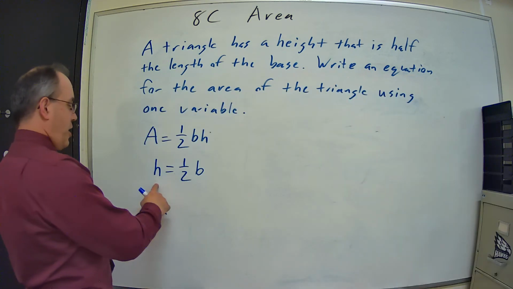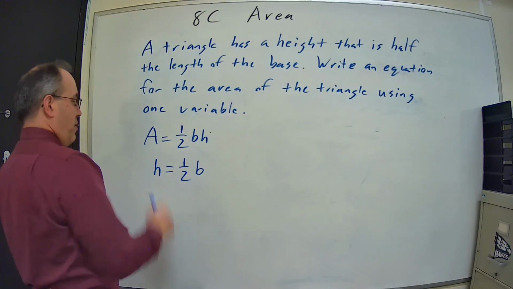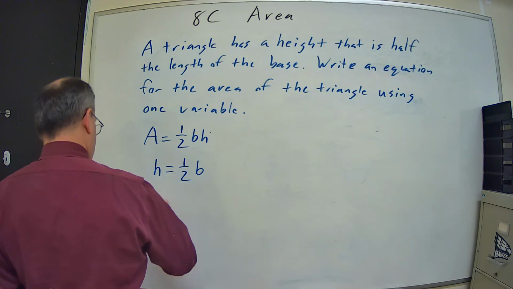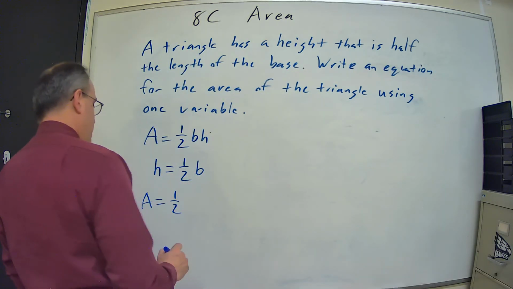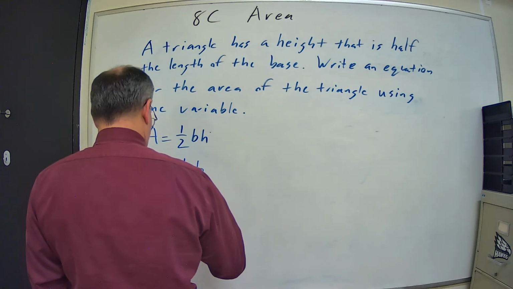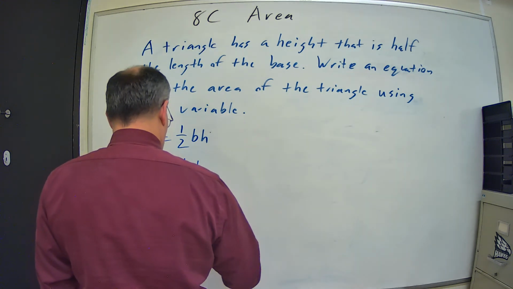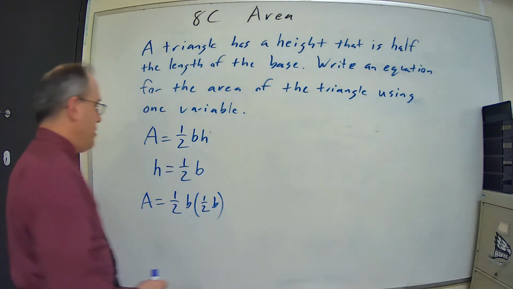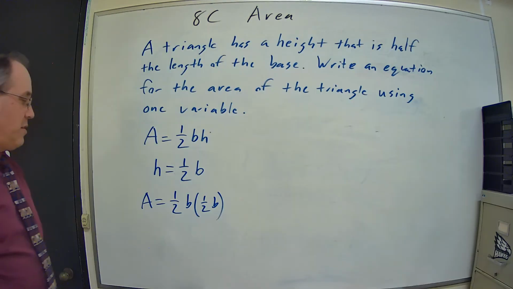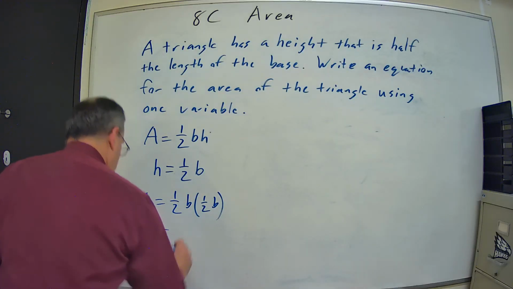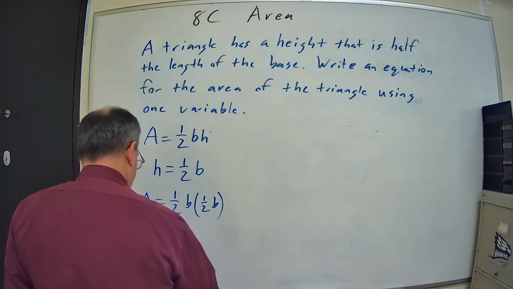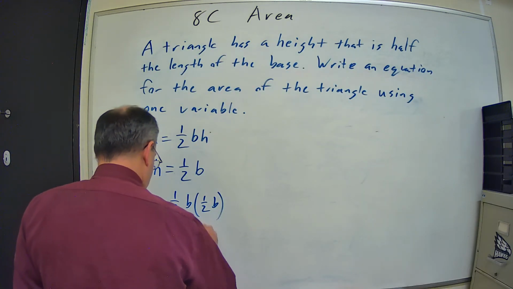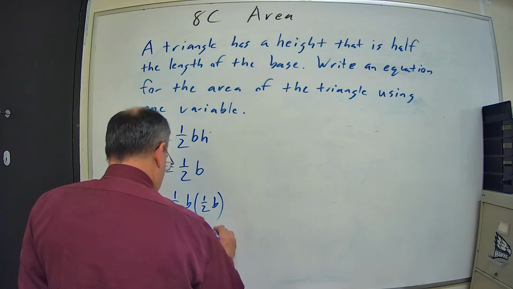So now we can substitute that in for the area. So the area is equal to 1/2 times the base times 1/2 times the base. Commutative property of multiplication says I can move these around, so I can say that's 1/2 times 1/2 times b times b.